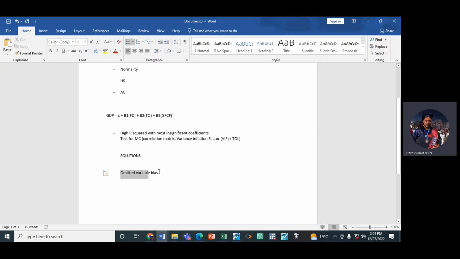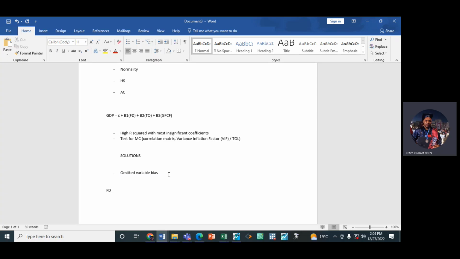If you feel like removing a particular variable, or let's say all the variables in your model are really useful and you cannot remove any of them, then you can use different proxies. For instance, if one of the variables in your model is financial development, there are many proxies you can use.